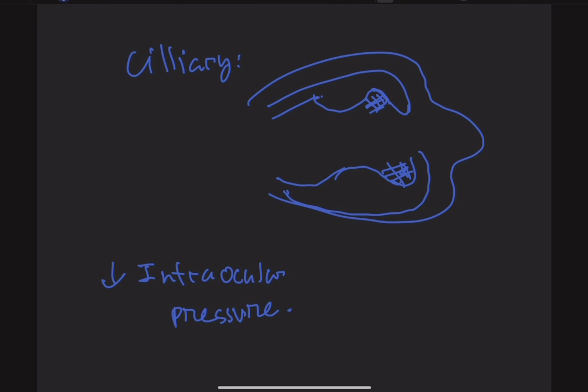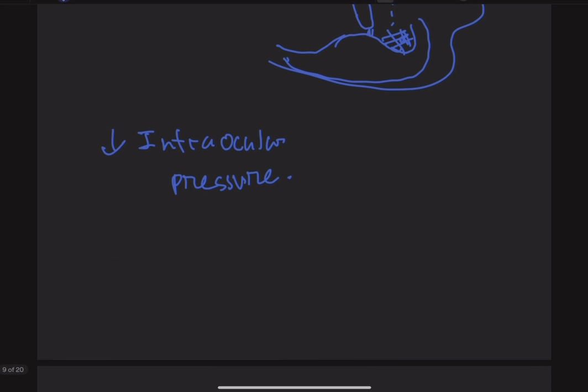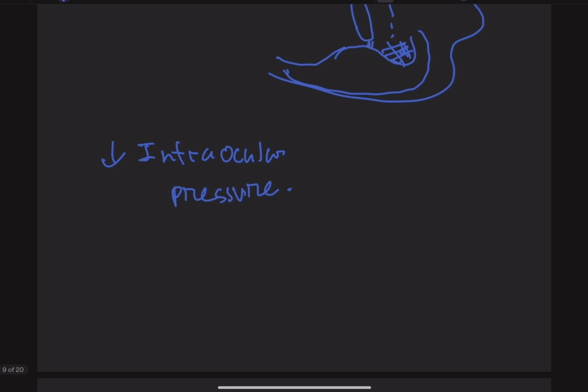Through the canal of Schlemm, the aqueous humor drains. And this is the lens. So when the ciliary muscle contracts, this trabecular meshwork gets loosened. When the trabecular meshwork gets loosened, the aqueous humor can easily drain into the canal of Schlemm, and this leads to a decrease in intraocular pressure.